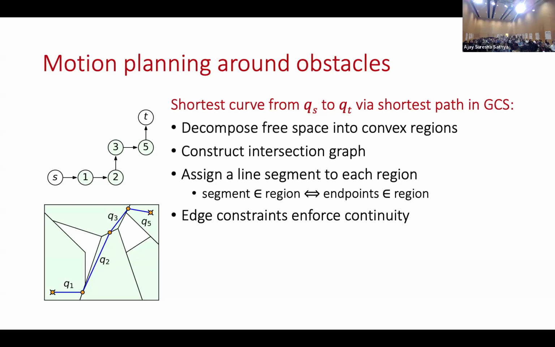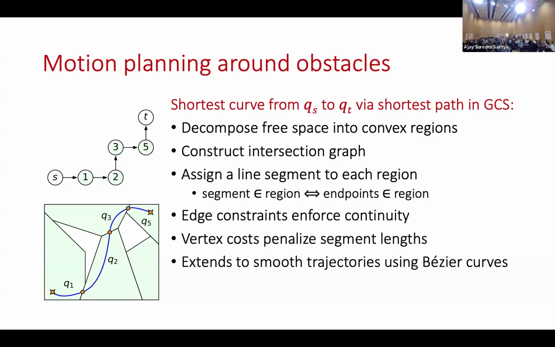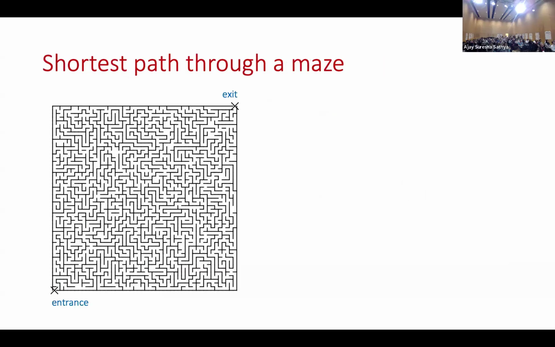This ensures continuity of your overall path. And then you can have costs on the vertices that say every time you visit a vertex, you pay a price that is equal to the length of the trajectory segment in that set. And this correctly replicates the original problem of finding a trajectory of minimum length. And this can also be generalized to design smooth trajectories using Bezier curves and polynomials.